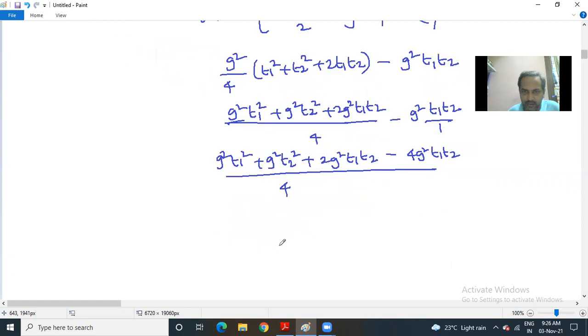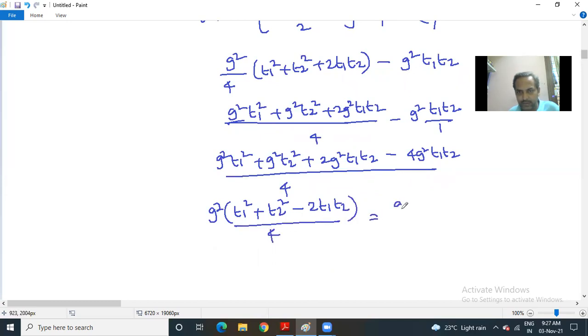Now you can take out common g square. After that, t1 square plus t2 square, here you will get 2 t1 t2 minus 4 t1 t2, which means you will get minus 2 t1 t2, divided by 4.